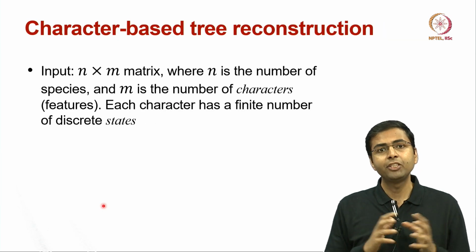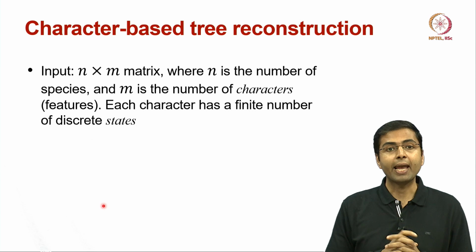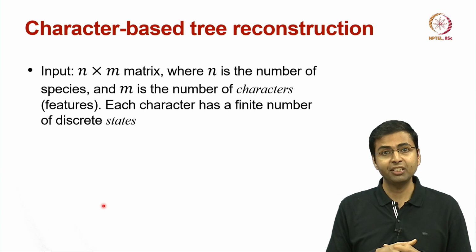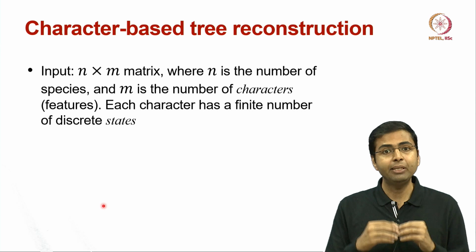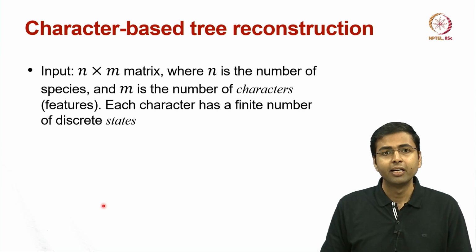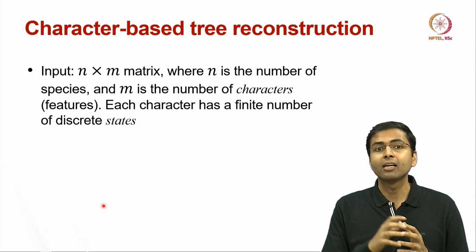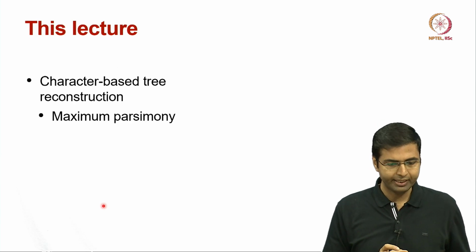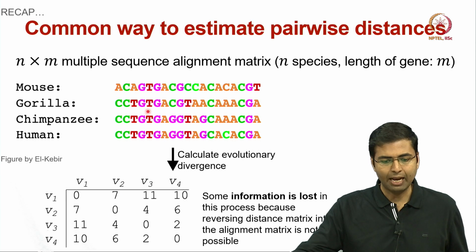Now in the character based tree reconstruction methods, the input will be an n cross m matrix where n is the number of species and m is the number of characters or features. Each character will have a finite number of discrete states. So for example, we were looking at this example.